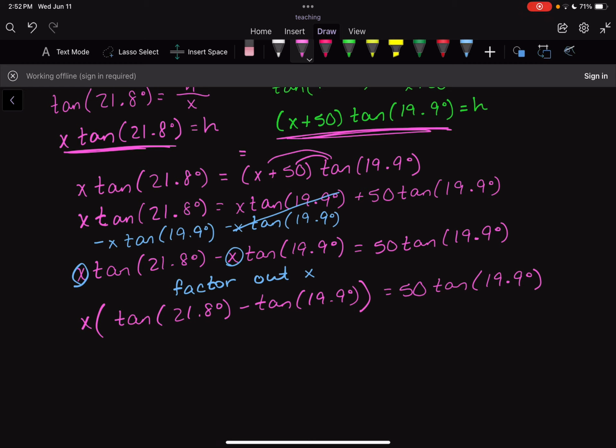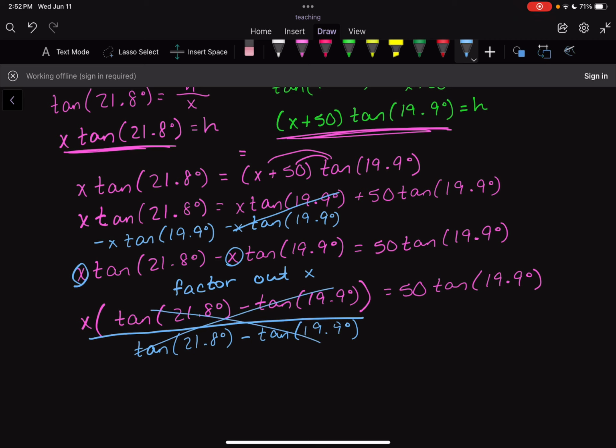Now I can divide by tangent 21.8 degrees minus tangent 19.9 degrees. So I'm going to divide out this whole thing right here and divide it on the other side.